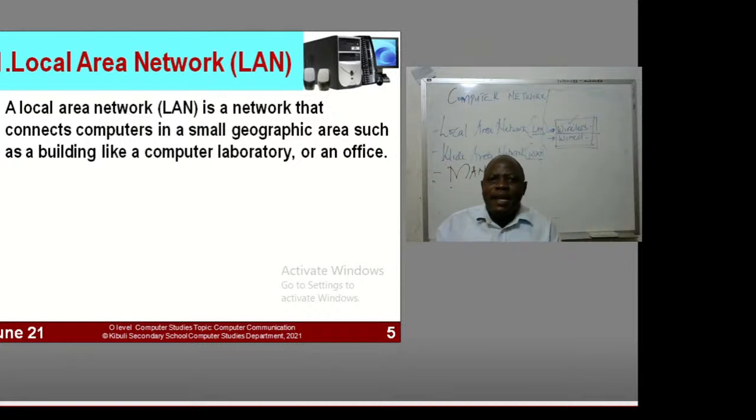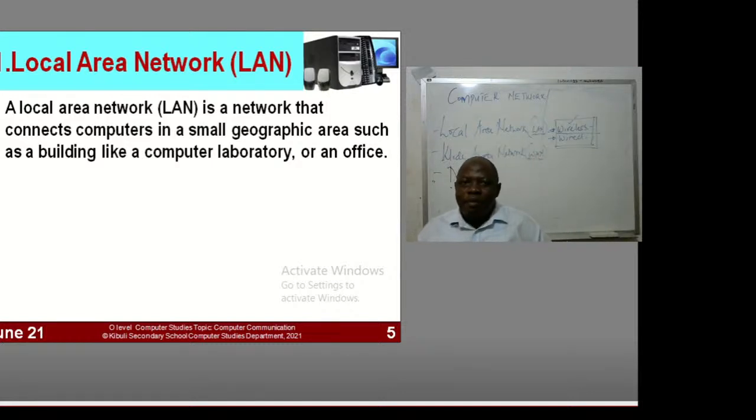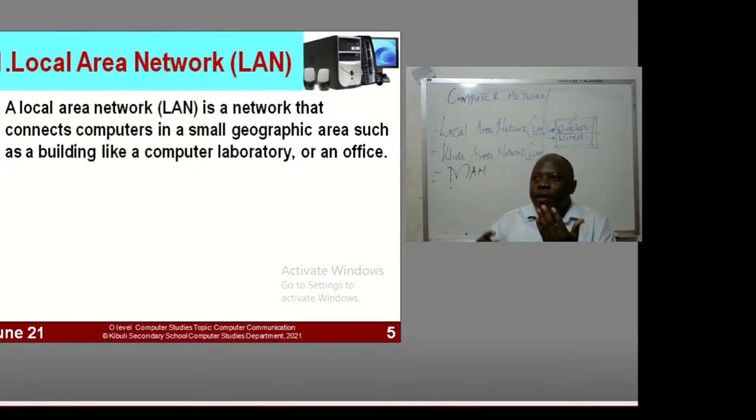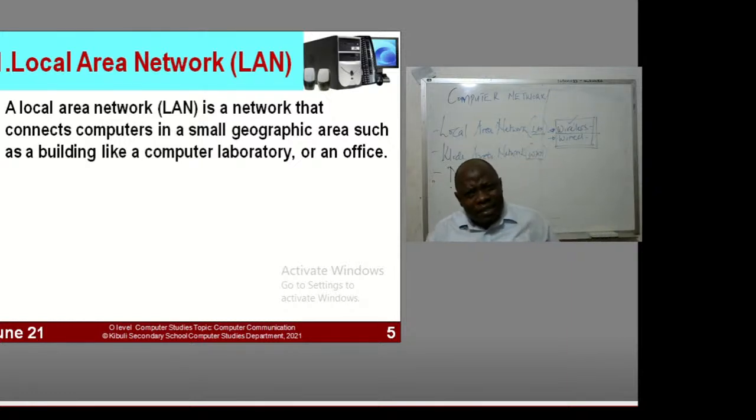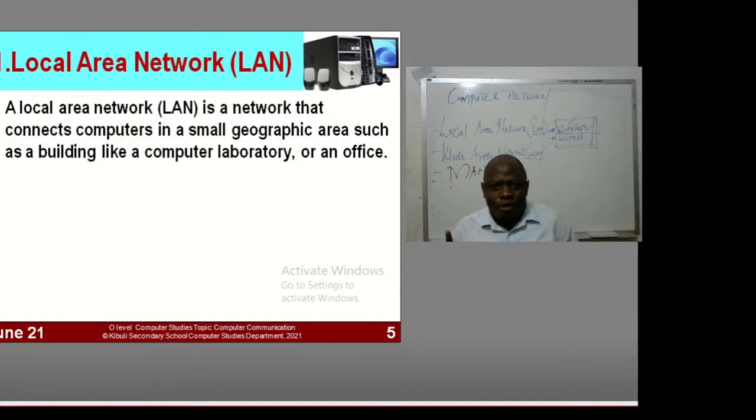It can be another thing. For example, when we go for a marathon, maybe you have not realized there are gadgets which they place everywhere. Most of those gadgets are coordinating, they are networked. Some people ask, how do they know that I have started my race and then I have ended my race?